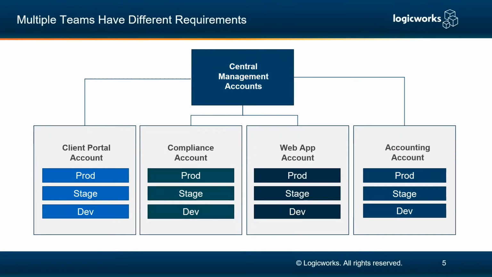Having a central managed account with underlying accounts to divide up those different BUs is a way that Control Tower can organize the layout of these environments so that they're isolated and there are not going to be those service limits per account. And instead of having a giant monolith that you splice up a million ways, really you're going to have a set of IAM permissions specific to, let's say, the client portal account or specific to the accounting account.